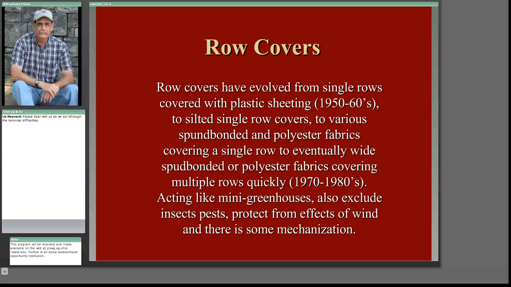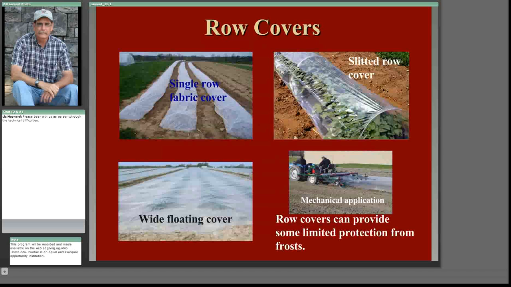Row covers act like a mini greenhouse. They can also exclude pests, they're used for pest management, and they protect from the effects of wind. And there is some mechanization you can do with row covers. So we have, again, the single row or fabric cover, there you can see it in the upper left. Slitted row covers were an attempt to have a solid cover but let it ventilate itself instead of you being out there ventilating.